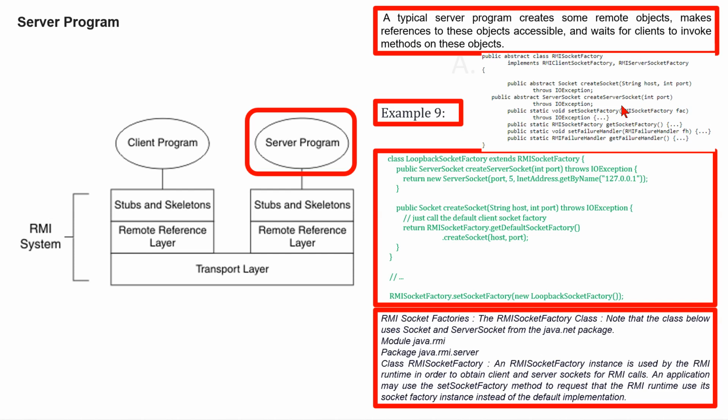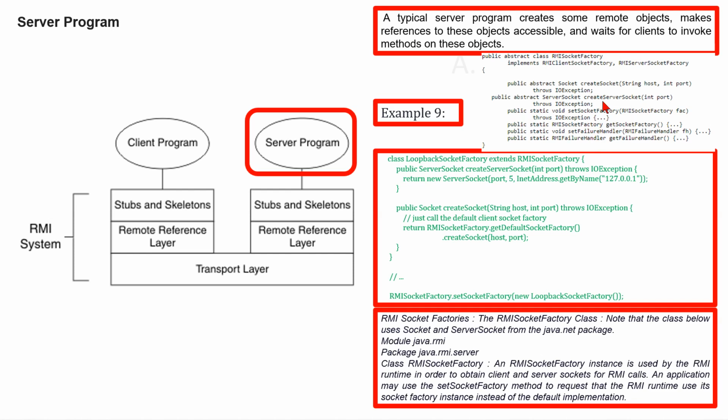The static method getSocketFactory returns the socket factory used by RMI. The method returns null if the socket factory is not set. The transport layer invokes the createSocket and createServerSocket methods on the RMISocketFactory returned by the getSocketFactory method when the transport needs to create sockets.